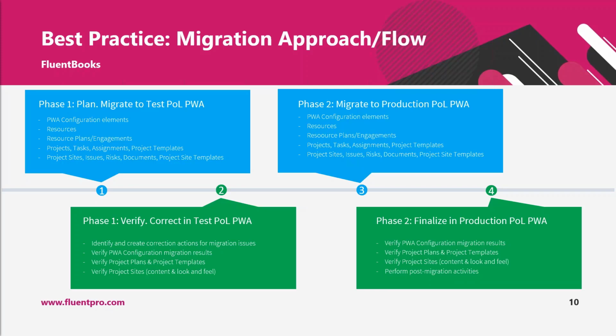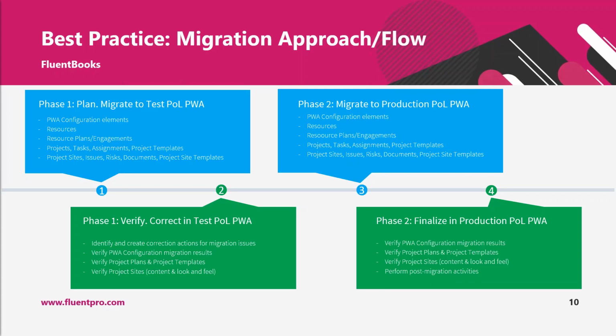And after the main migration is done and verified that all is correct, then a small last phase happens when you would migrate only modified projects, like projects that were modified during production migration, and only modifications to project sites.